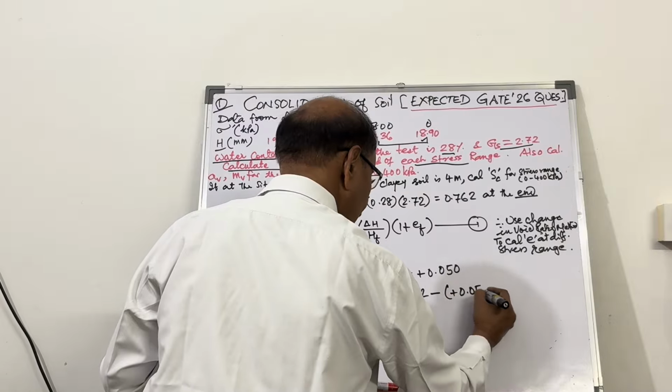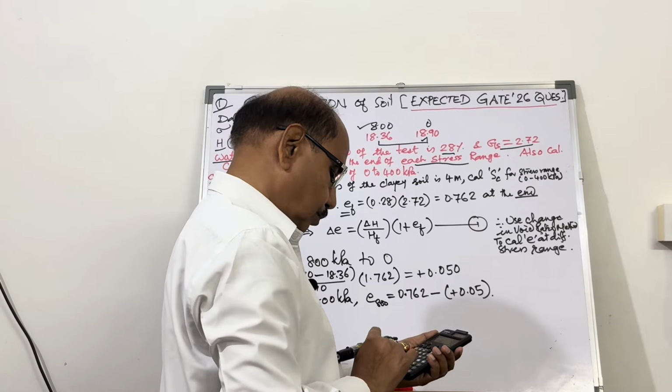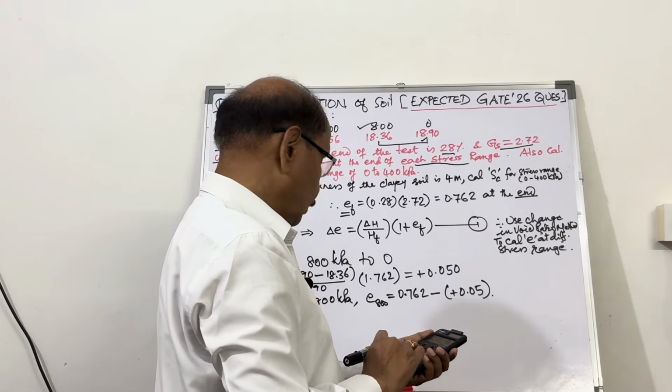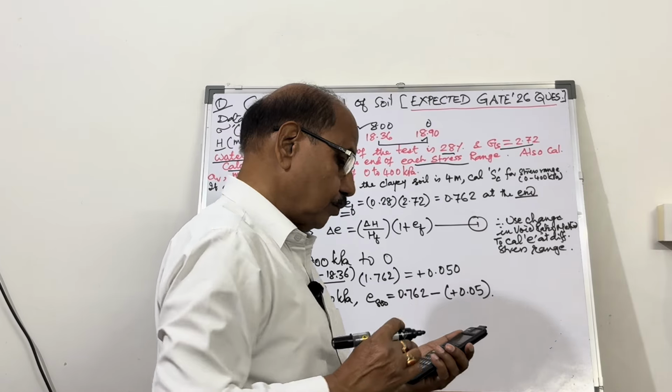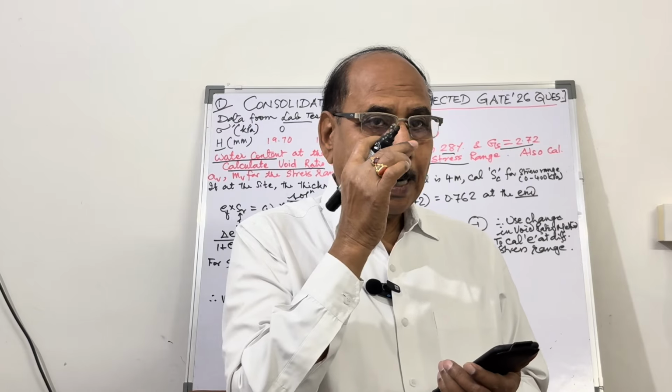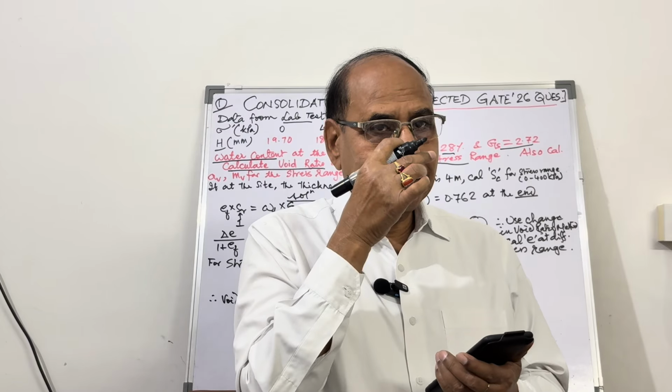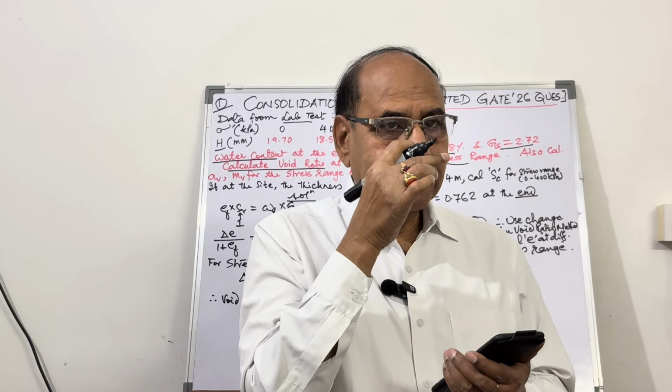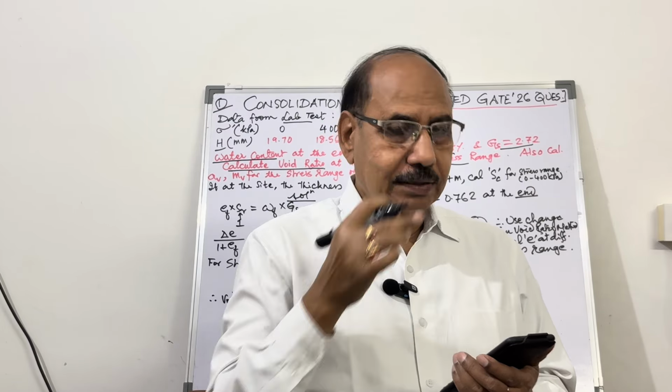So this gives you 0.712. So the answer at 800 is 0.712. So E at 800 kilopascal is going to be 0.712.